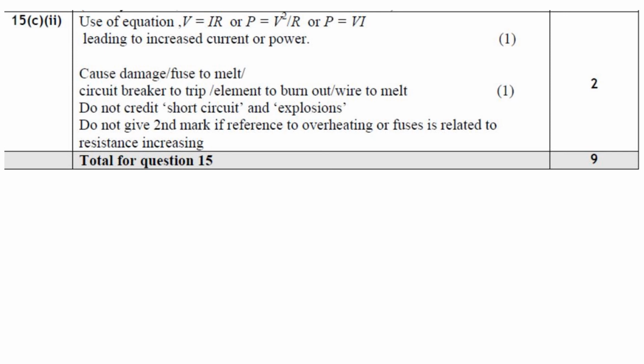So it could cause damage, it could cause the fuse to melt, circuit breaker to trip, element to burn out, wire to melt. Do not credit short circuit and explosions. Do not award the second mark if the reference to overheating or fuses is related to resistance increasing. So total for this question is 9 marks.